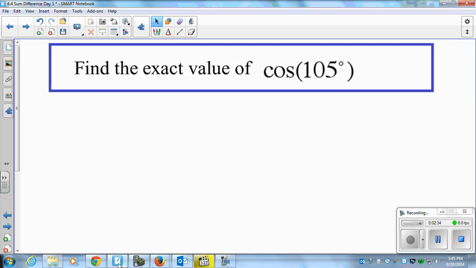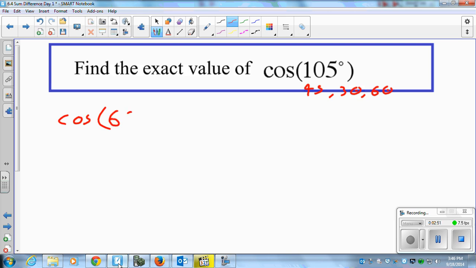So notice I want to think how I can use 45, 30, and 60 to get to 105. Well, without too much stretch of our imagination, we can see that cosine of 60 plus 45 is equivalent to the cosine of 105.